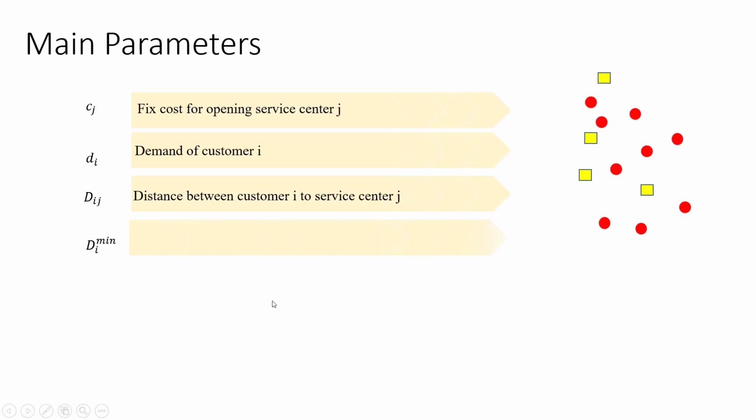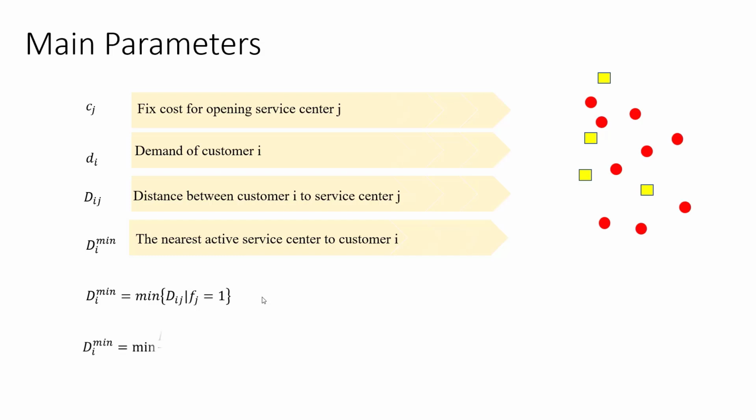We also have to determine the nearest active service center to customer i. It is shown as dmin i, and this is the general formula for dmin i. We have to determine the minimum dij with respect to fj being equal to 1, which means that city center j should be open.